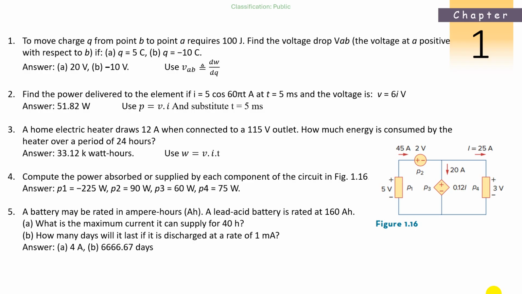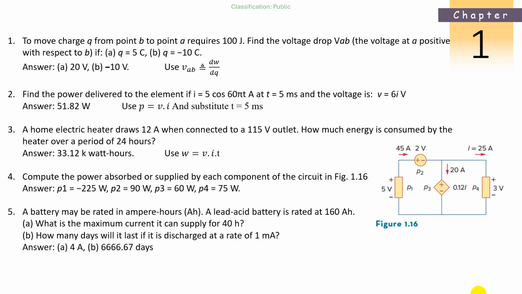By units only we can see it. Here hour is there. We need I, ampere, so hour must be cancelled, so it should be division. By units also we can be smart. How many days will it last if it is discharged at a rate of 1 milliampere?